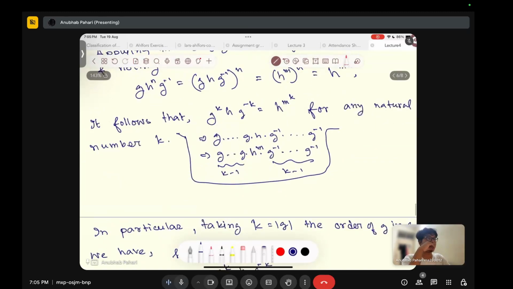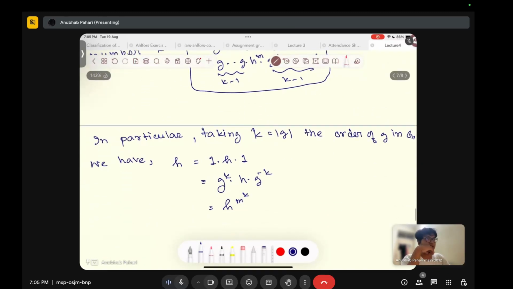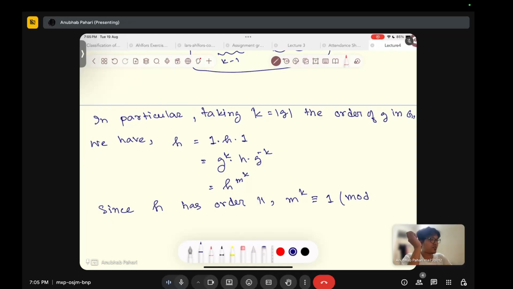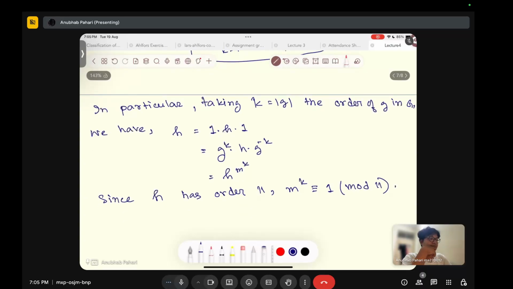Which we have done just now. And since h has order 11, m to the power k is congruent to 1 mod 11.